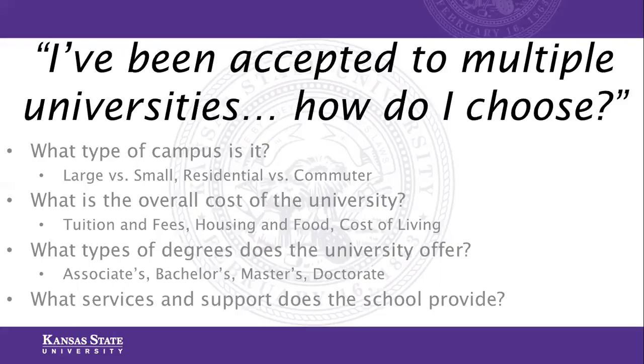You may also be interested in considering what types of degrees the university offers. If you are interested, for example, in an associate's degree, that's a 2-year degree, usually offered at a community college, sometimes also offered at 4-year college or university programs.